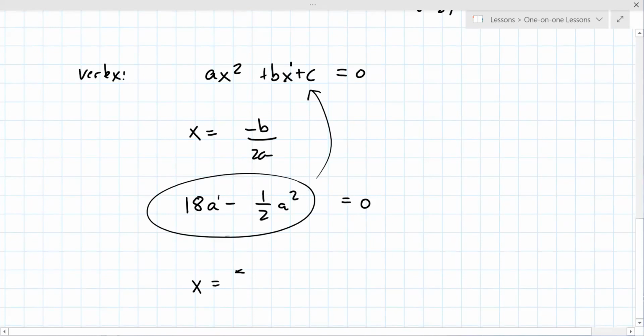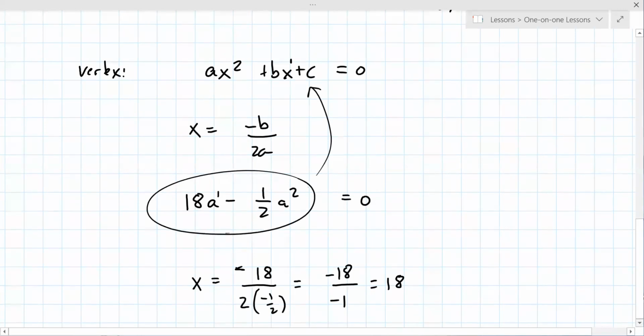So see how that's the 18 here? And then 2A is the value in front of the A squared term. Well, that's negative 1/2. So this becomes negative 18 over negative 1, which is 18.